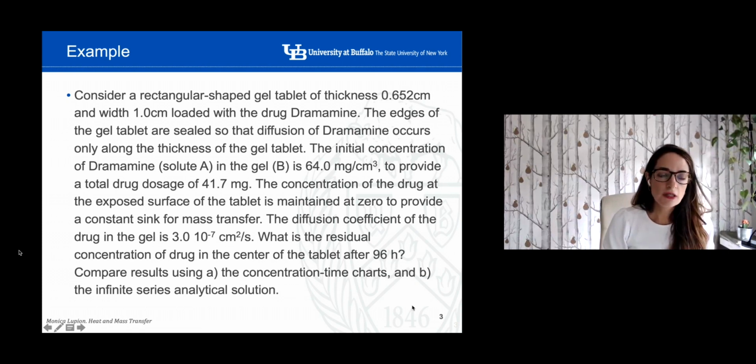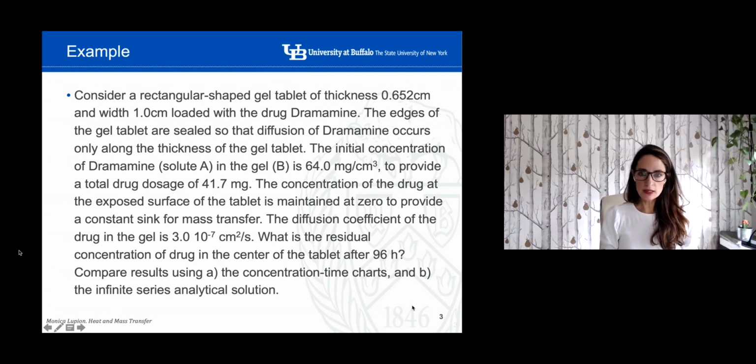The diffusion coefficient of the drug in the gel is 3.0 times 10 to the minus 7 square centimeter per second. What is the residual concentration of drug in the center of the tablet after 96 hours? And we need to compare the result using A, the concentration time charts, the appendix F, and B, the infinite series analytical solution. Okay, so let's go for it.